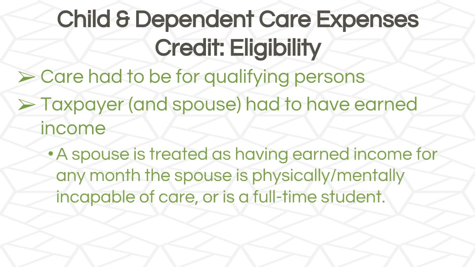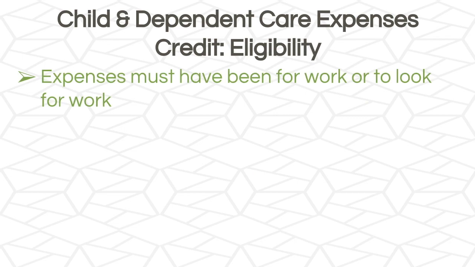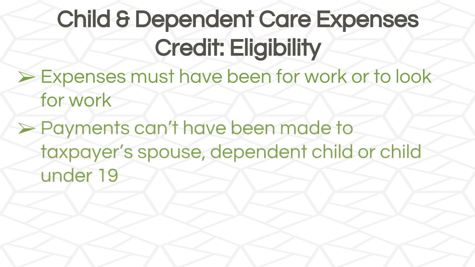A spouse is treated as having earned income for any month that that spouse is physically or mentally incapable of care or is a full-time student. Now the expenses must have been, again, for work or to look for work. And payments can't have been made to the taxpayer's spouse, dependent child, or any child who's under the age of 19.